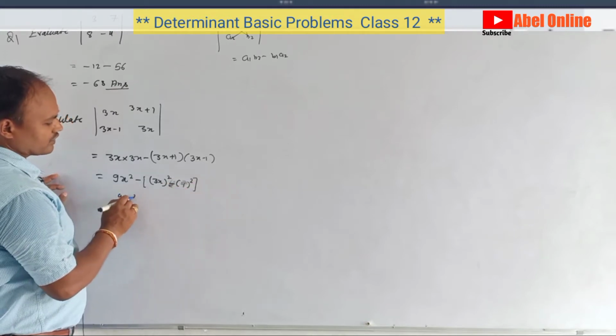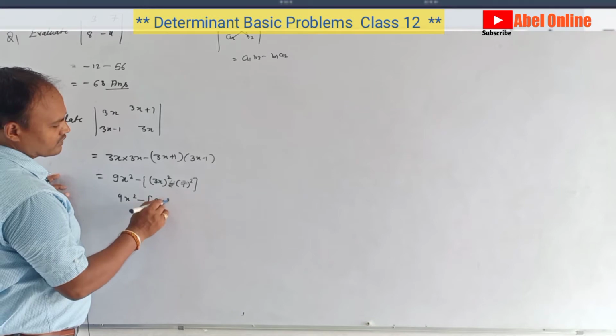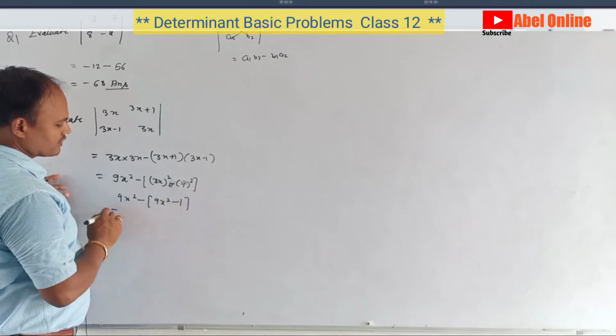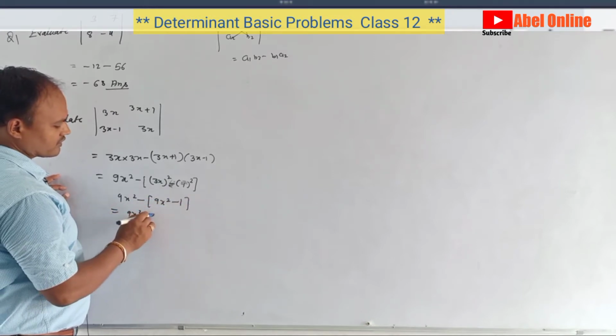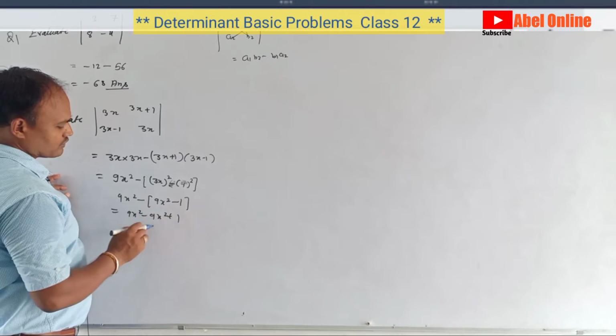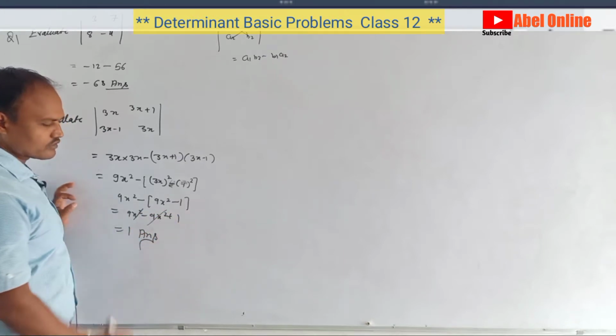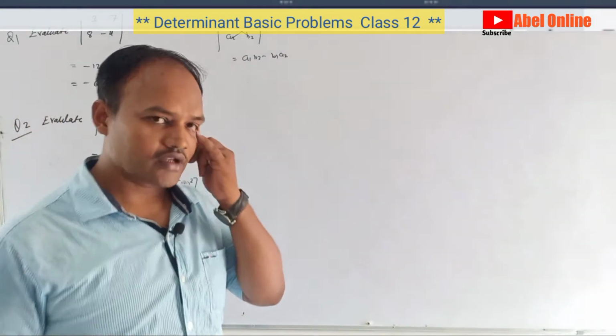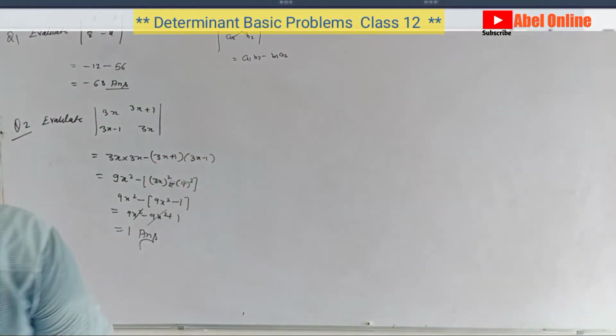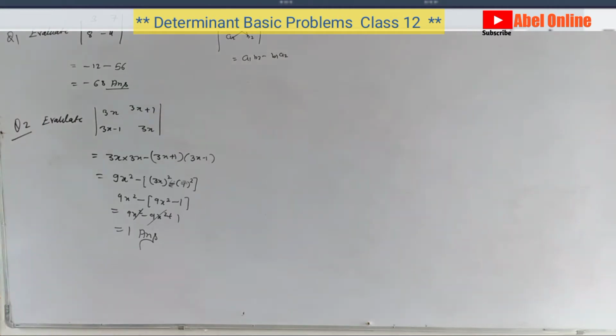So it is 9x square minus (9x square minus 1), that is 9x square minus 9x square plus 1. So it is cancelled by this, and the answer is 1. So students, this is your answer, and you can understand better what the question is and what the answer is.